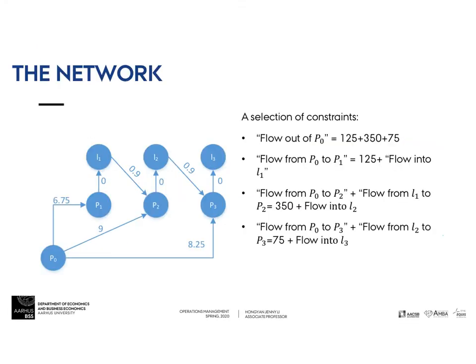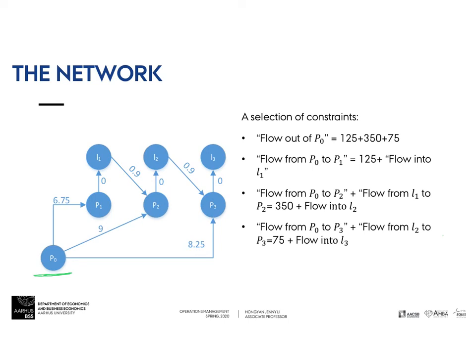Now I will explain how the problem can be explained by the network model idea. So now let's think about the start point of the network as the total production. The company can produce for 3 periods.